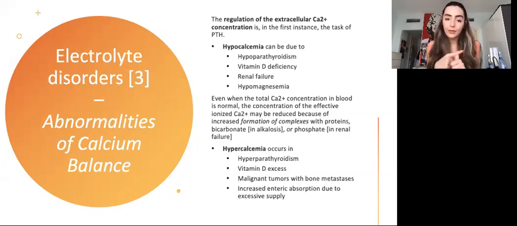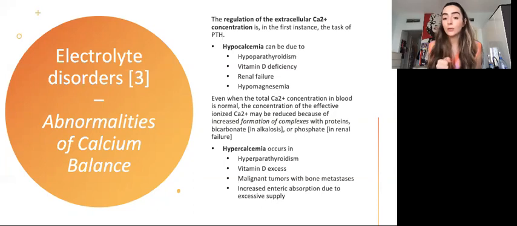So hyperparathyroidism, vitamin D excess, malignant tumors with bone metastasis, and increased enteric absorption due to excessive supply.